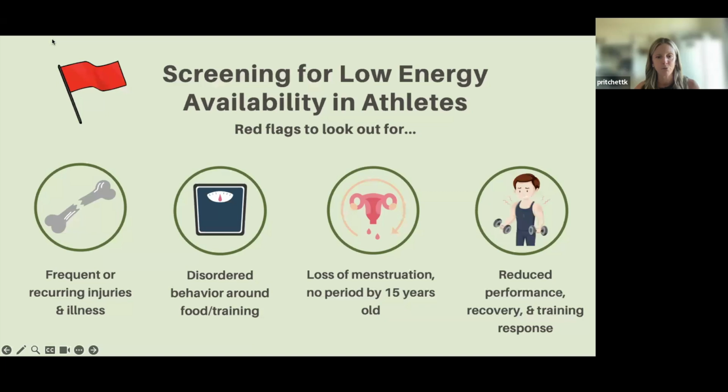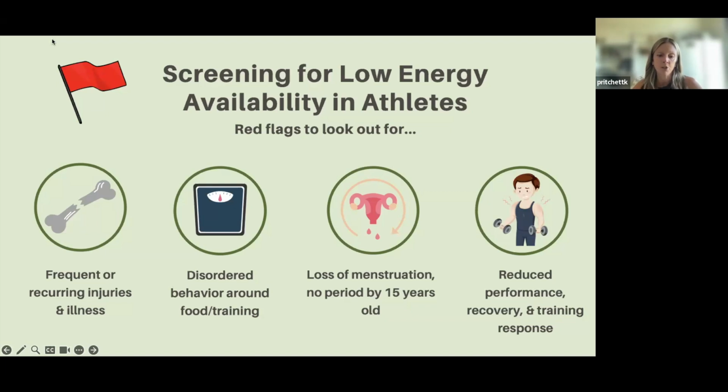And I think this is really hard to differentiate. Do I have an athlete who's highly driven and wants to get the best out of themselves, or are they truly overdoing it? So it's important to be careful with that, and be aware that it could be an attempt to increase energy expenditure versus actually improve performance.